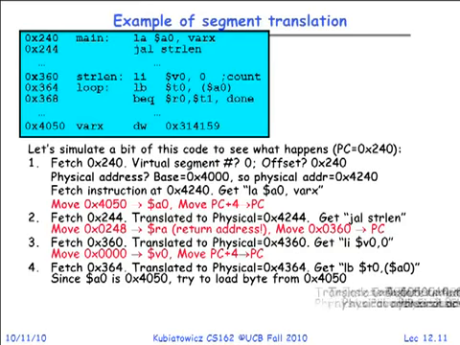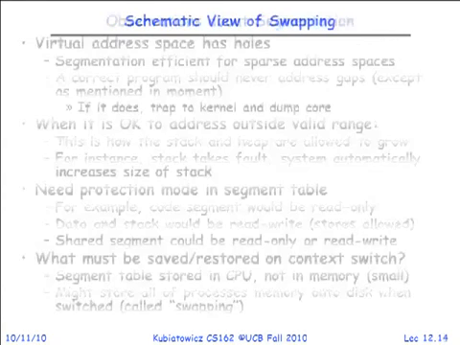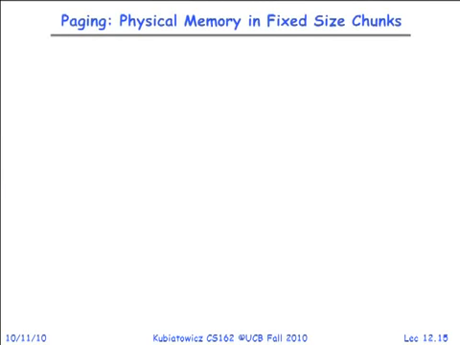Paging is going to be our fix for fragmentation. So what is a page? A page is dividing memory. We're going to divide memory into fixed chunks called pages, and as a result, we're going to use the fixed chunks to handle everything.